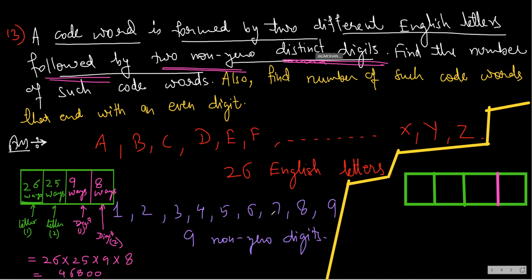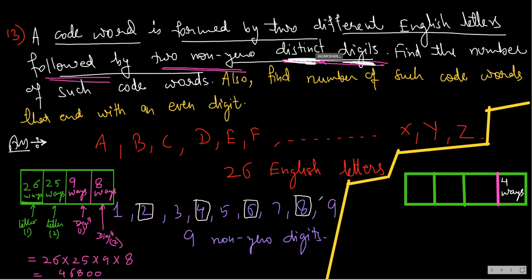So you have total 9 non-zero digits, of which how many are even digits? You can check 2, 4, 6, 8, so 4 even digits. So there are 4 ways by which we can have the ending digit, the last digit. And since the digits to be selected are distinct, remember students, the repetition of digits is not allowed.